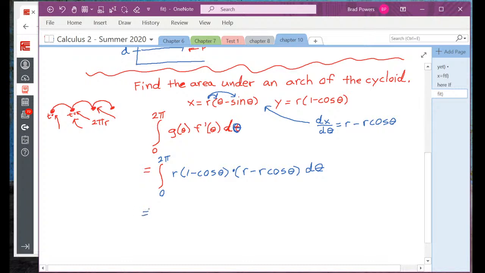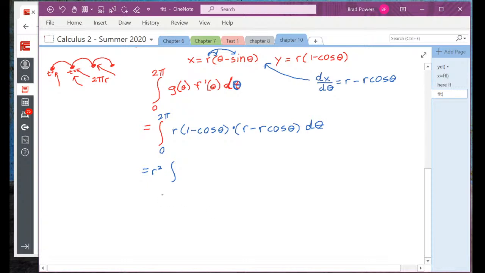Now, the hard part's done. What you would do is integrate from 0 to 2 pi of this beautiful thing. You'd first want to factor out the r, and factor out r from here and this r, so you'd have an r squared out front, and distribute all this, and then integrate it out.